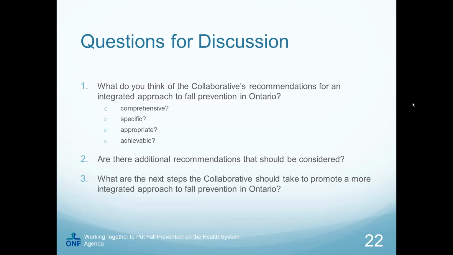So we want to look at what is being collected, by whom, and how, and what it's being used for, because there are a lot of falls that present to primary care and walk-in clinics that are not part of this measurement tool, because it's only looking at emerge. So we need to look at that as a provincial measurement.